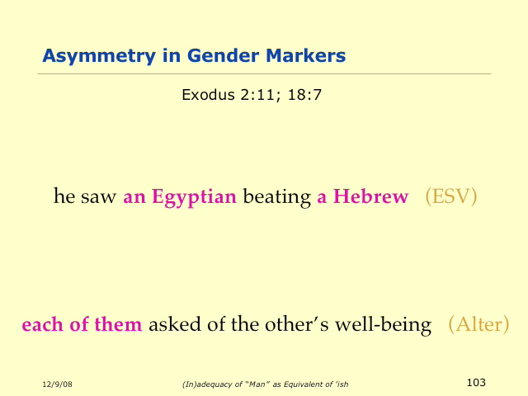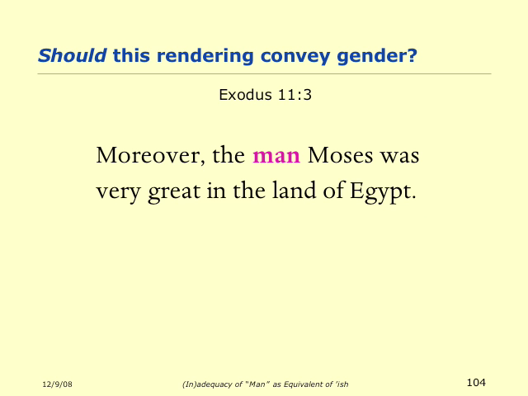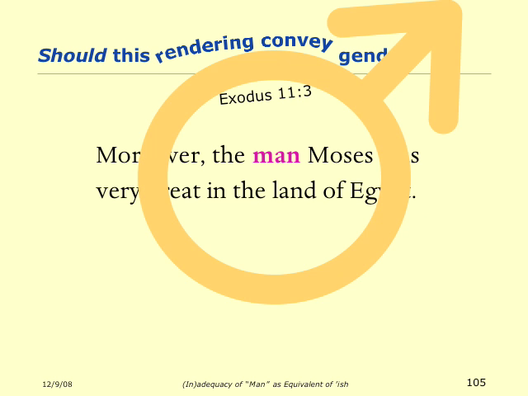The reference, social gender, goes without saying. This has nothing to do with feminist or egalitarian ideology. It is simply the way that English works. And so, in the case of our verse, where Moses' manhood is both known and momentarily irrelevant, a rendering as man over-translates the Hebrew gender marker.